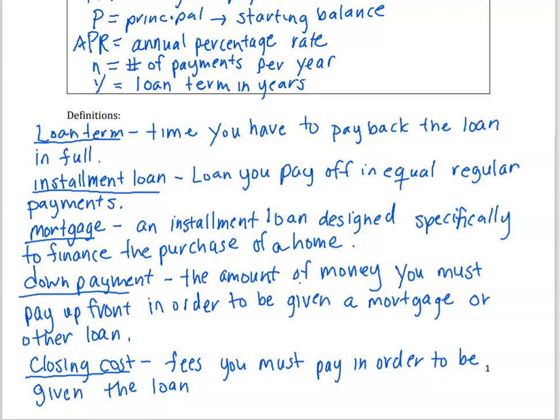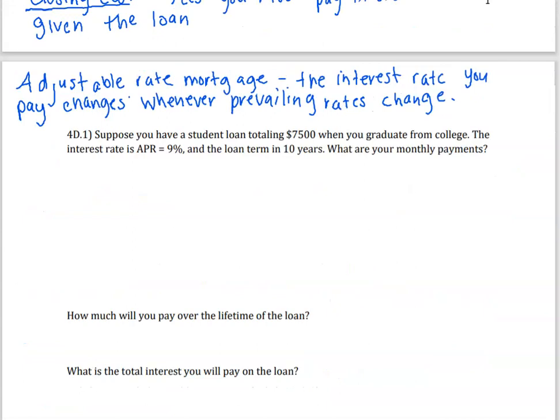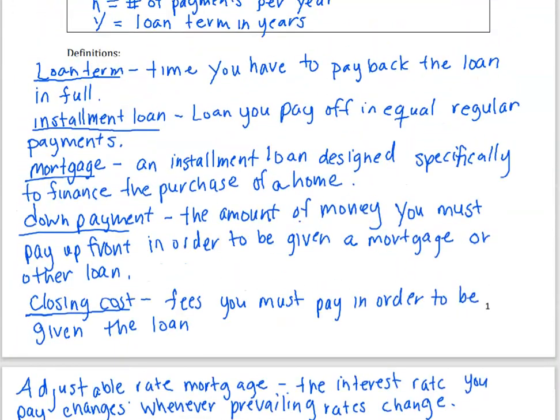A mortgage is an installment loan designed specifically to finance the purchase of a home. A down payment is the amount of money you must pay up front in order to be given a mortgage or another loan. Your closing costs are the fees you must pay in order to be given the loan.